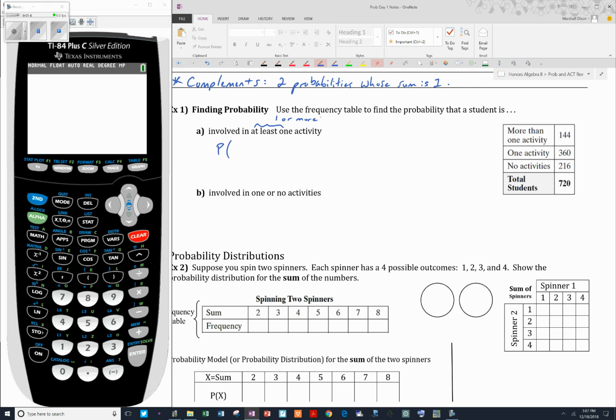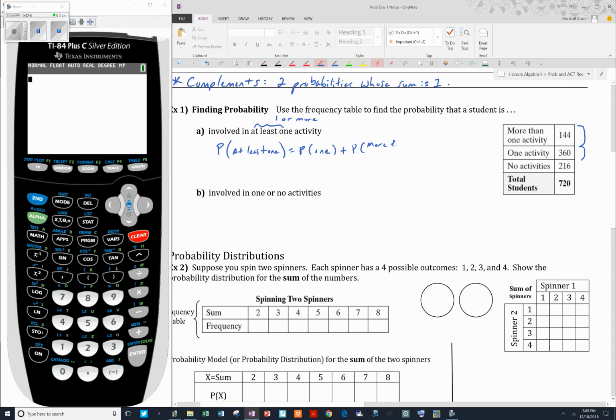So I'm just going to write here, probability of at least one. That'd be the probability of 1, and then we could, so that'd be this here, but then it would also include that too.